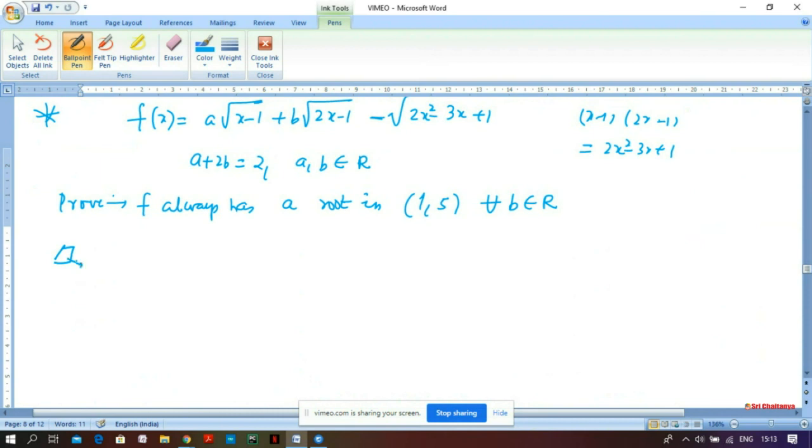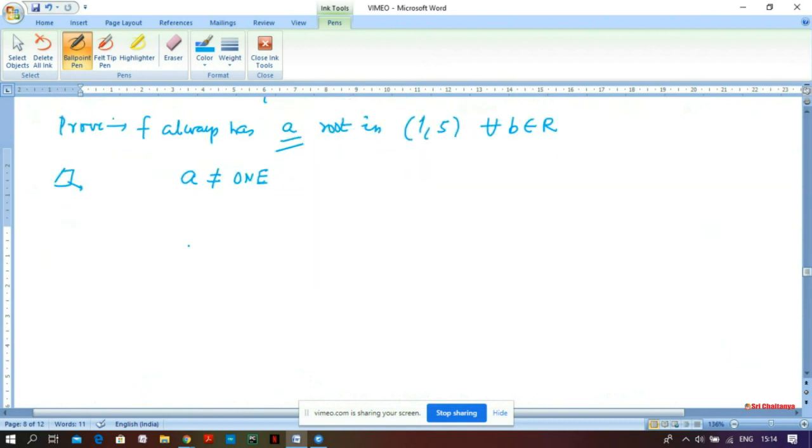Because it is given for all b element of R and a plus 2b equals 2, I will expect first a. What is the meaning of a? In maths, a does not mean exactly 1. In English, it might be 1, but in maths, a means at least 1, or you can say some.